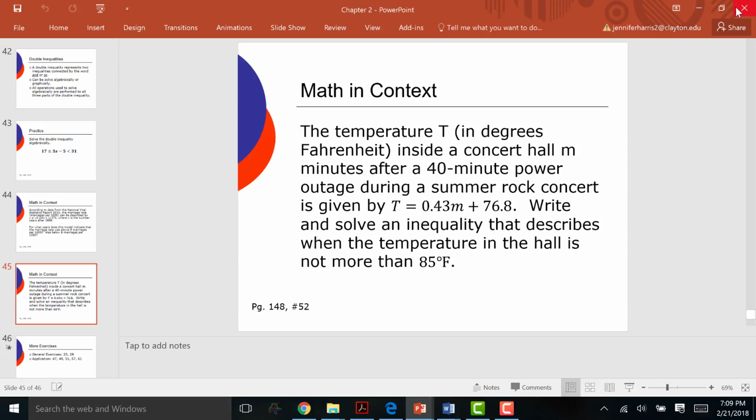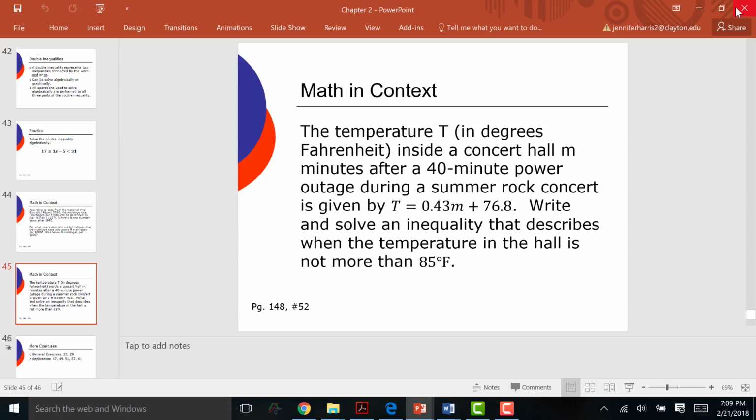How many minutes? We ain't talking about hours because you ain't even trying to be in there for no hours like that, right? They want to know how many minutes they have before the temperature in the room is going to go above 85 degrees. Not more than means less than or equal to 85 degrees.